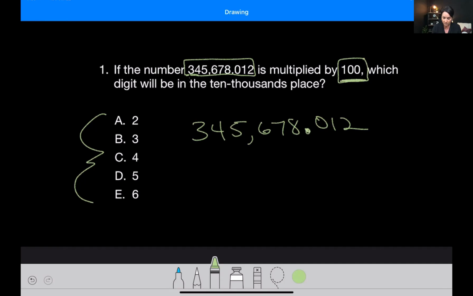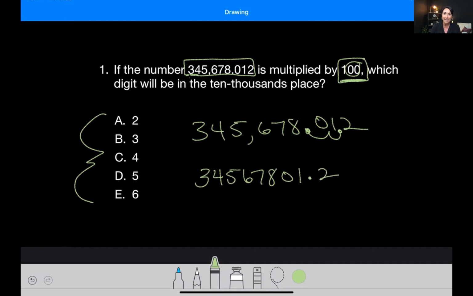Here's my decimal. If I multiply by 100, remember this from elementary, middle, and high school, you move that decimal over how many? Two, 1, 2, because there are 2 zeros in 100. So my number is going to be 345,678,01.2.